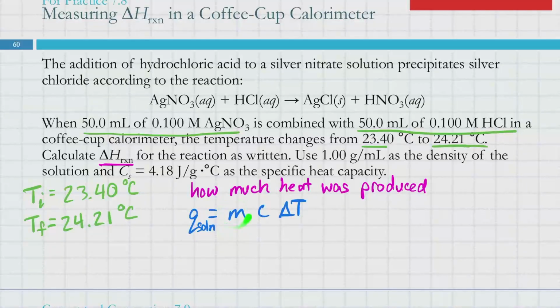So to find the mass of our solution, we need to look at what we added. So we mixed together 50 milliliters of one solution, 50 milliliters of another solution. So what's our total volume of our solution? It's 50 plus 50, so 100 milliliters of solution.